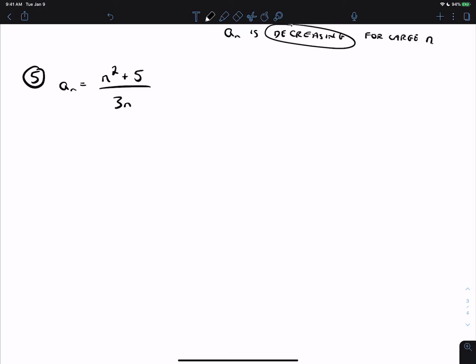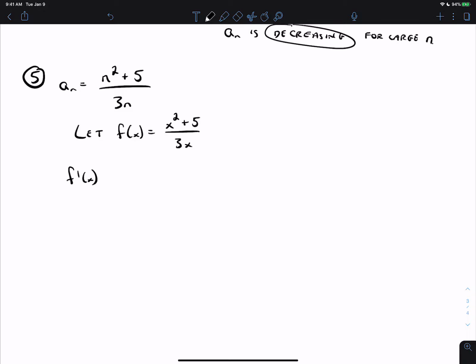All right, so if I have (n squared plus 5) over 3n, again, if we just compare a_(n+1) versus a_n, this is a little more complicated, so it may not be clear which one's larger. So we're going to try taking the derivative. In order to do that, we need a continuous function. So we're going to say let f of x equal (x squared plus 5) over 3x.